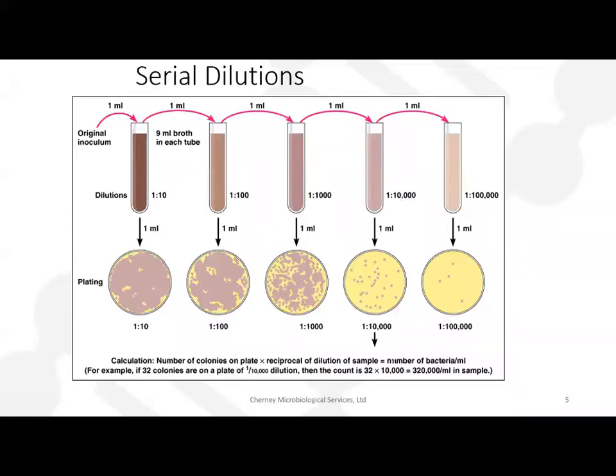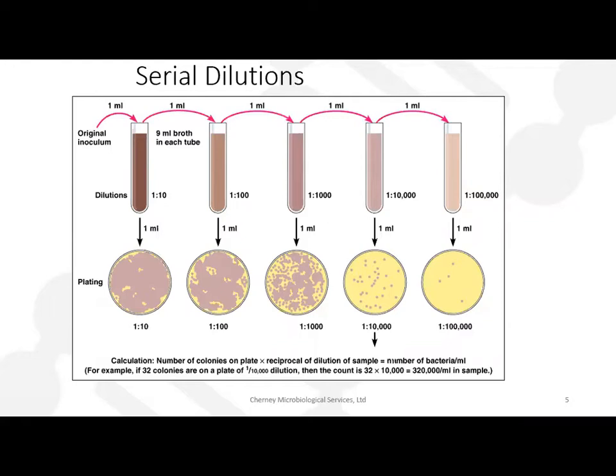You don't have those big clusters or those big groups of colonies. So that's an ideal plate to count. And we did 1 further than that, and you're able to see that further reduction in bacteria in the 1 to 100,000 dilution. Okay. So if we were looking here to calculate a result, I would use the 1 to 10,000 plate here.